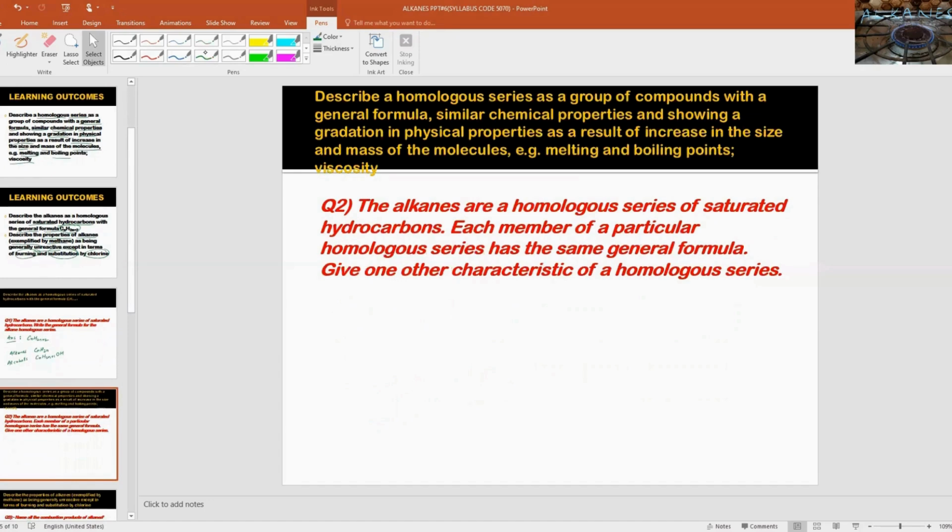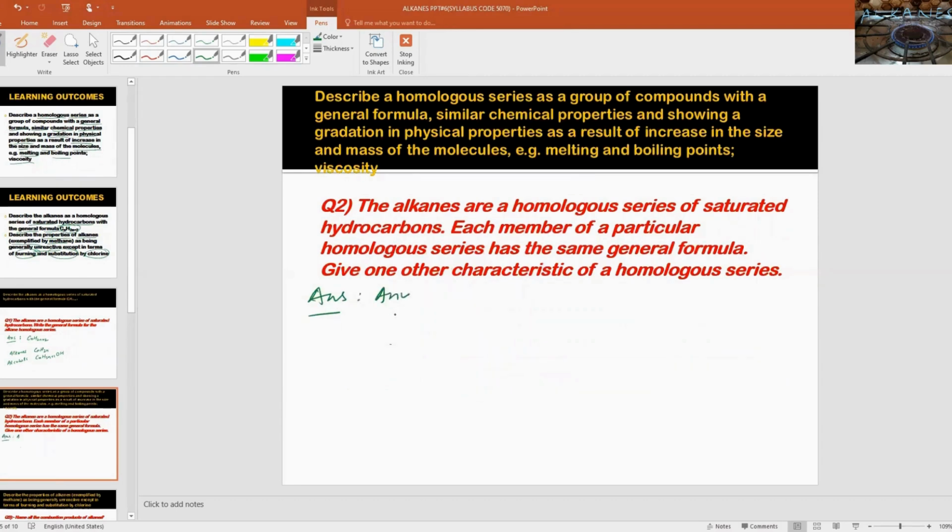The alkanes are a homologous series of saturated hydrocarbons. Each member of a particular homologous series has the same general formula. Give one other characteristic of a homologous series. You can write any one of these responses.